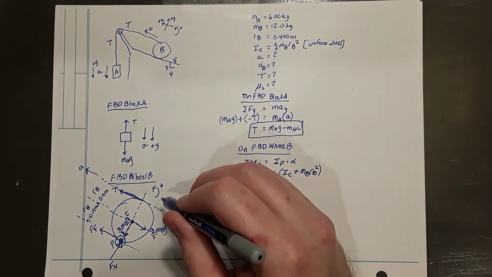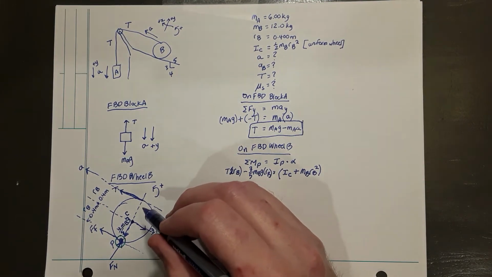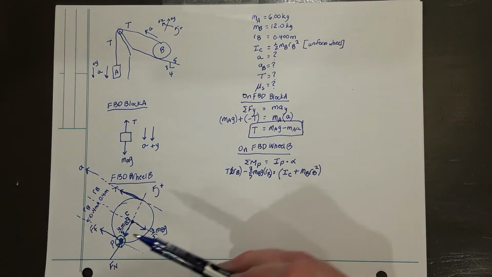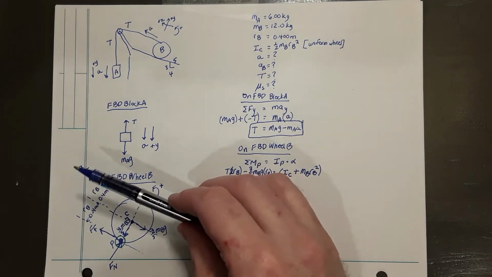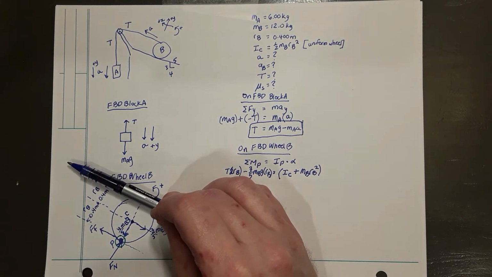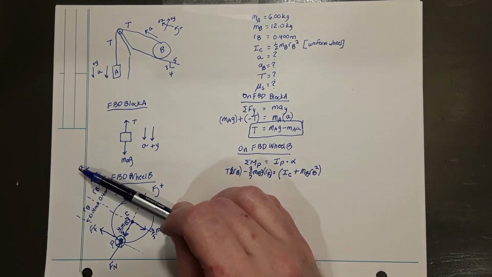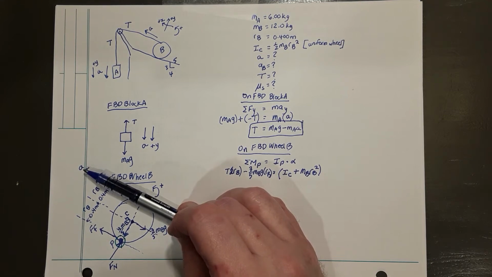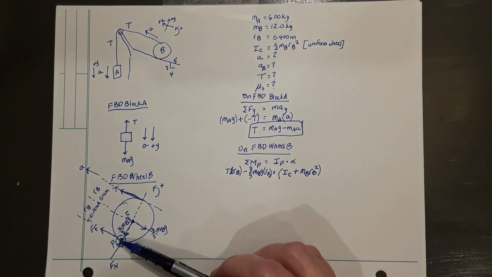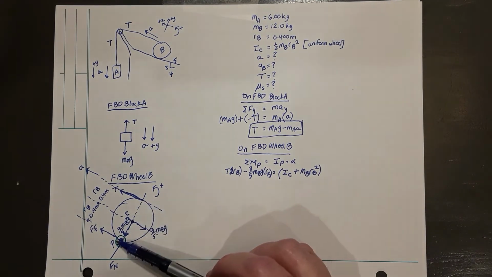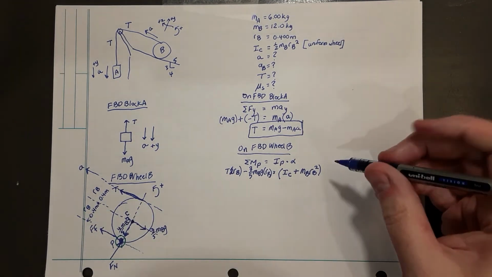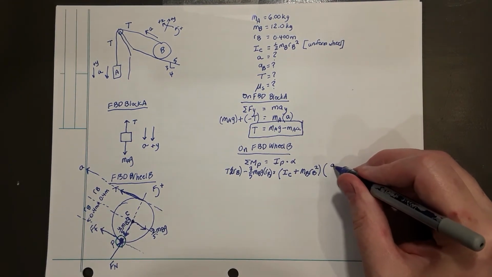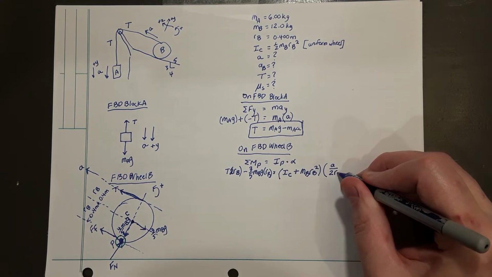Alpha is the angular acceleration of the wheel. And we can relate this to the linear acceleration of the wheel if the object's cable is experiencing an unknown acceleration A. If we divide that by the radius to axis P, which happens to be 2RB, we will get angular acceleration.